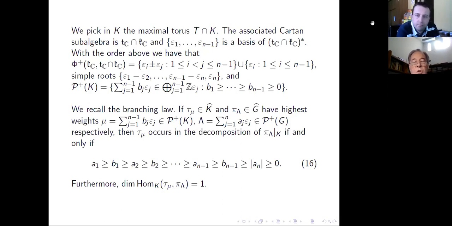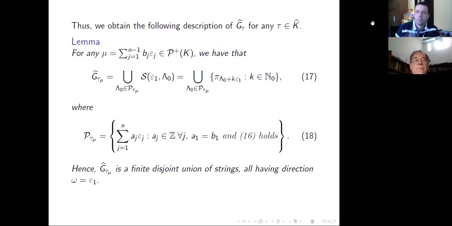Now, in all cases, the multiplicity is 1. Tau mu appears in pi lambda restricted to K once or 0. So then we have a lemma, which is what we need. So we write G tau nu as a finite disjoint union of strings, all having direction epsilon 1 in this case.